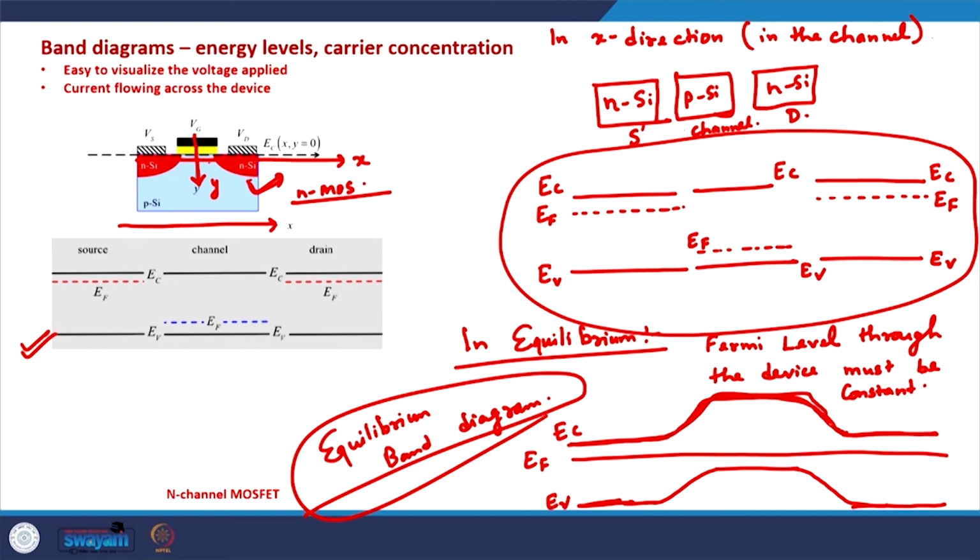So this is a barrier in the conduction band minima in the channel region, and this barrier is what stops electrons here and here from moving to the other side. And this barrier is quite central to the functioning of the MOSFET, and this is what we will try to understand in the next class.